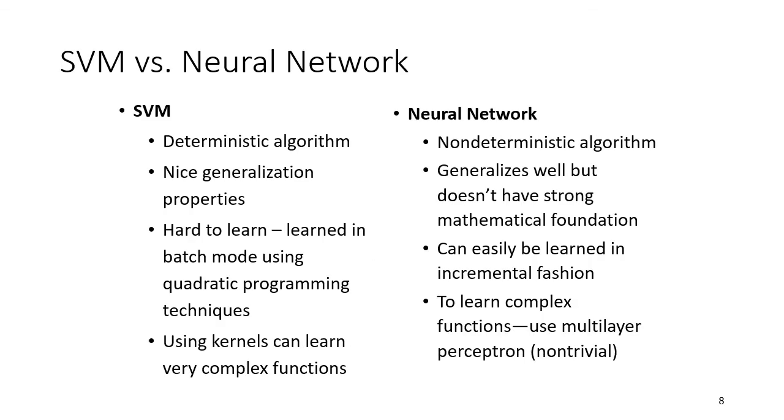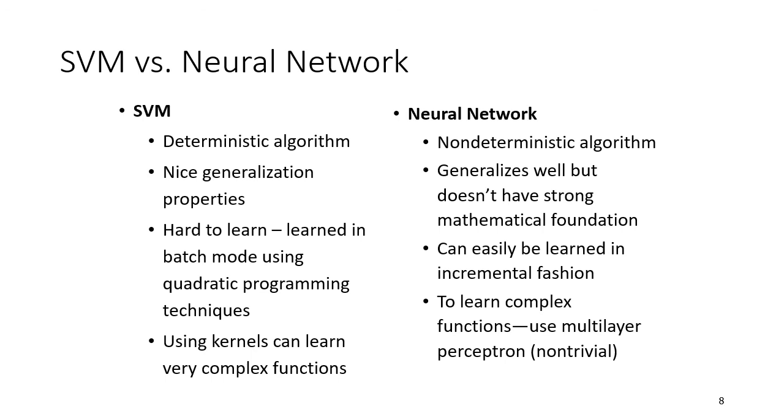If we compare SVM with a neural network, SVM basically relies on a deterministic algorithm, whereas a neural network relies on a non-deterministic algorithm. There are nice generalization properties in support vector machines. A neural network generalizes well, but doesn't have strong mathematical foundations.